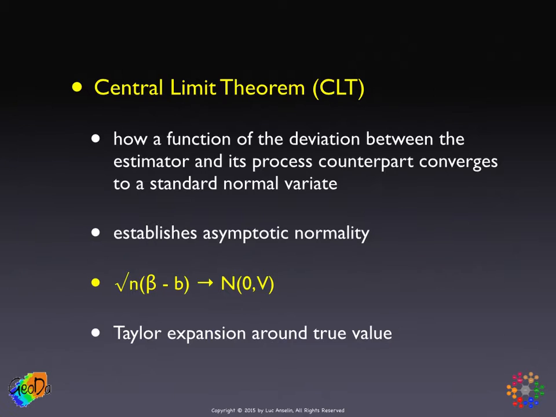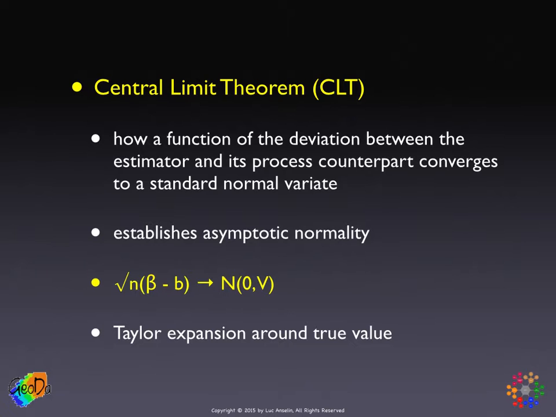So in practice, you often see reference to asymptotic normality. That's really what this is about. It's about how the rescaled difference between the estimator and the true value is random around the true value as we move to a larger and larger sample. And it's important to keep in mind the difference between this and the actual asymptotic value of the estimator, which, because of consistency, is the true parameter value, or in other words, it's a constant.